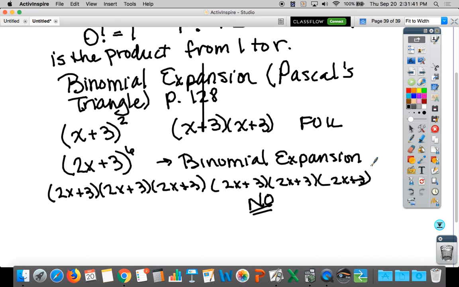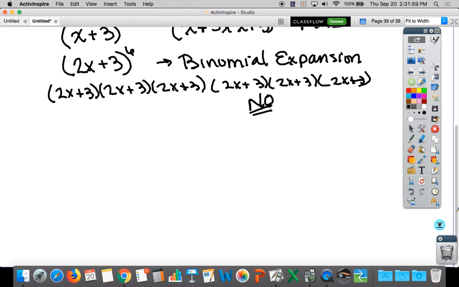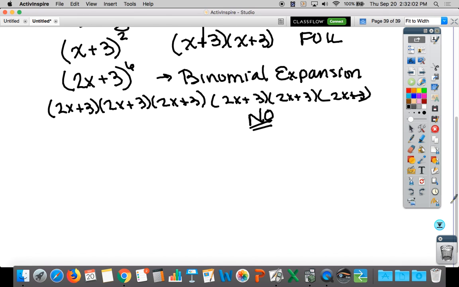It makes life much easier, with less room for error. You had this in IGSI too. I know you did, because it's typically on the test. Okay, so let's talk about the binomial expansion.